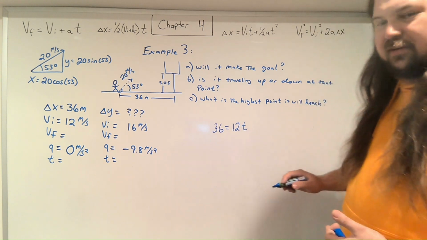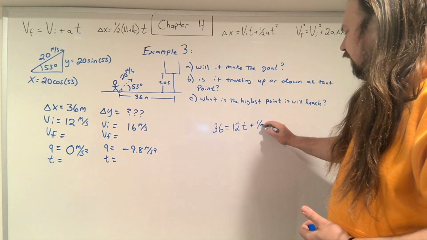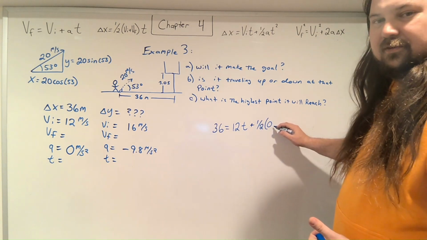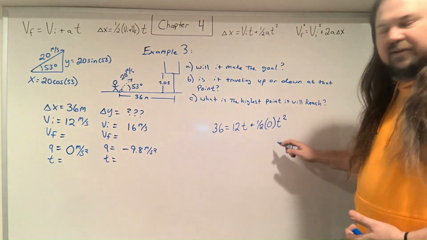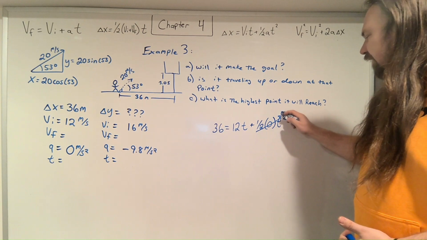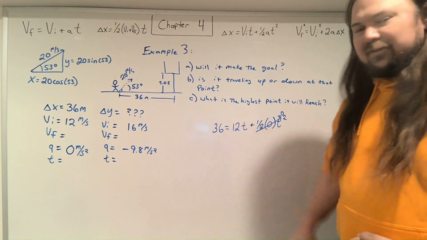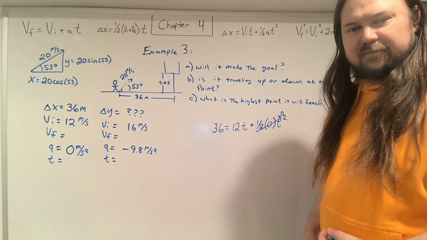All that'll be multiplied by t for time. And then I'm going to have a plus 1/2. My a on the x is 0. And then there'd be a t squared here. But 0 times anything is 0, so that kills this whole side of the equation. I now don't need to worry about it. Now all I have to do is just solve for t. And that's easy enough. That's 36 divided by 12.